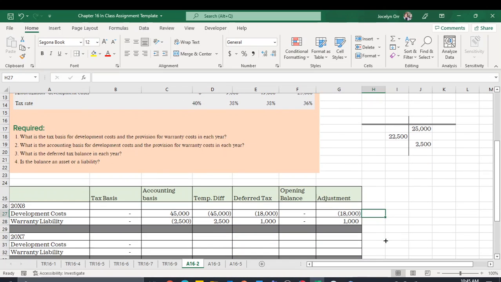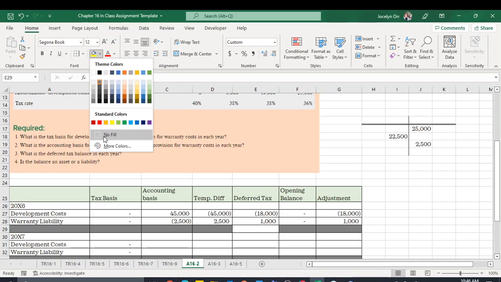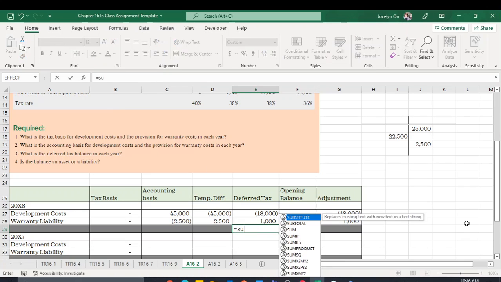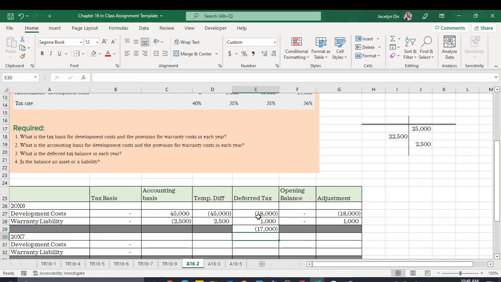Okay, I see that adjustment of 1,000. So looking at the cumulative effect of this, I'm going to have a credit balance of $17,000 overall, which is going to represent a liability. Okay, again, the balance is on the credit side, which is indicated by it being in parentheses.